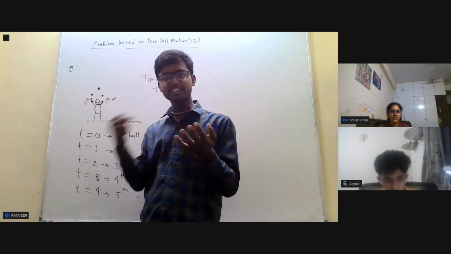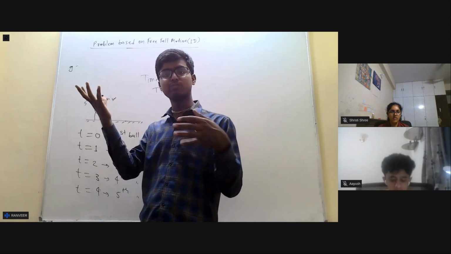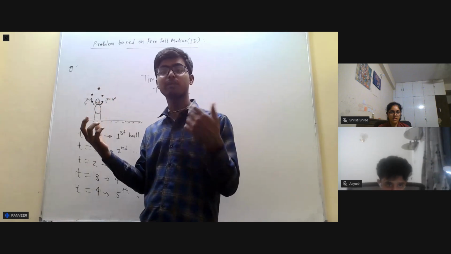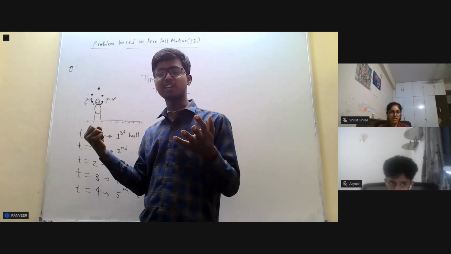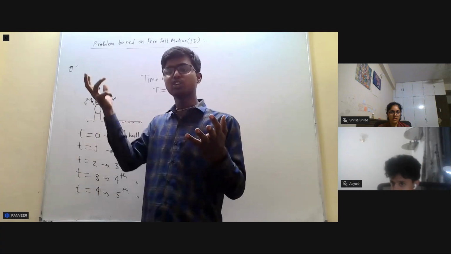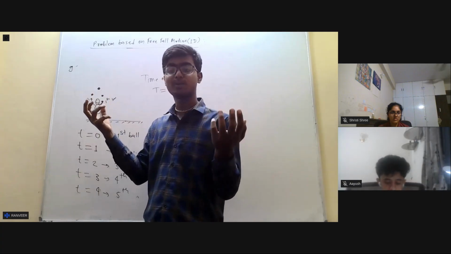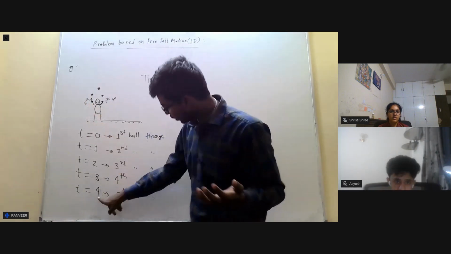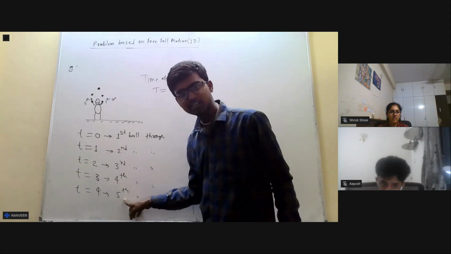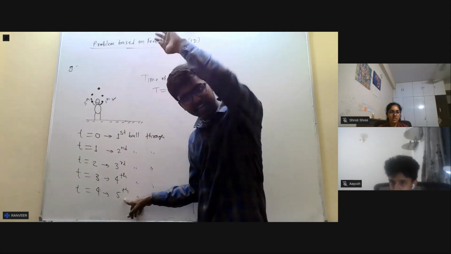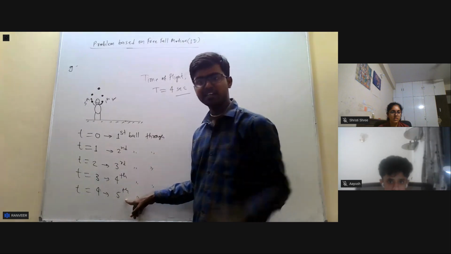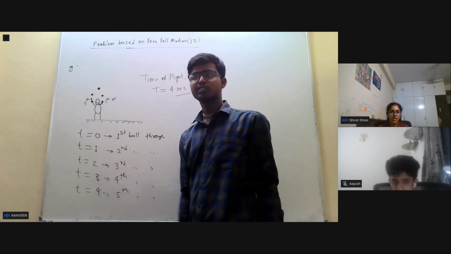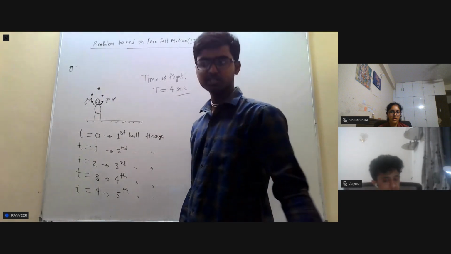In my left hand. I'll take the third one and throw it. The fourth ball is in my hand. When I take the fourth ball and throw, the fifth ball is in my hand. When I take the fifth ball and try to throw, where is the first ball? In the left hand. So when we throw this fifth ball, the first ball has gone up and come back to the hand. How many seconds? 4 seconds. You understood that?